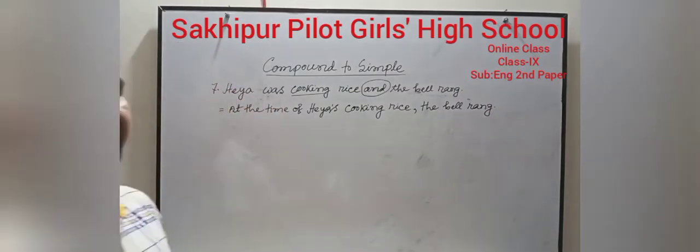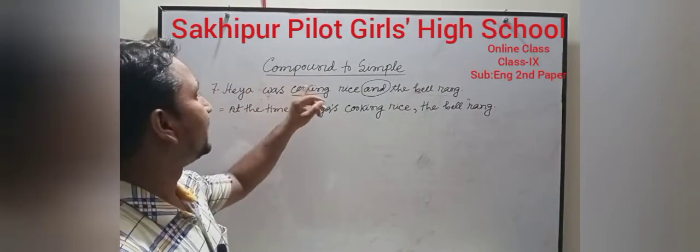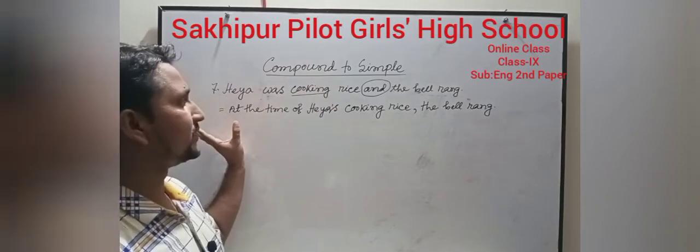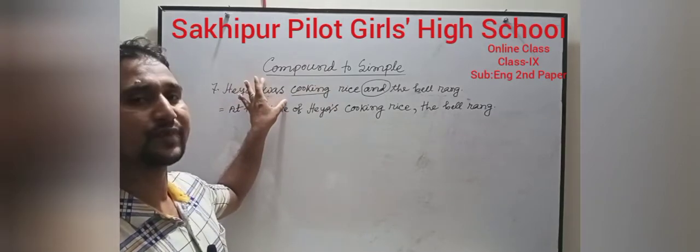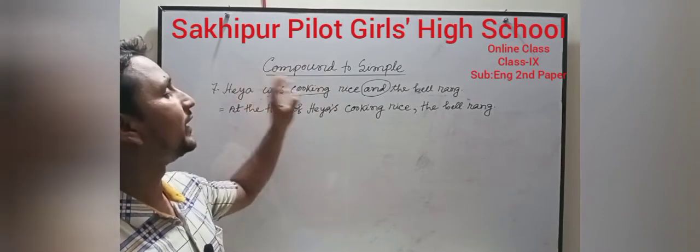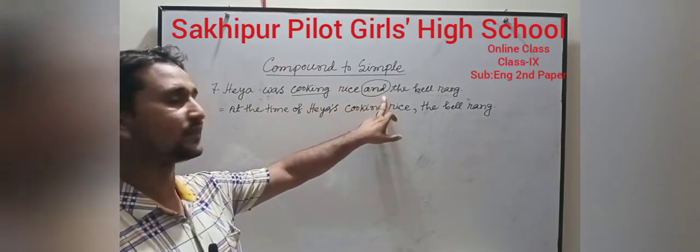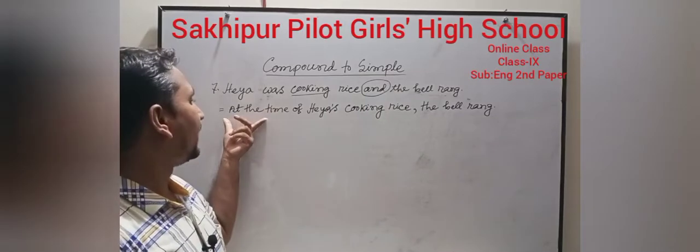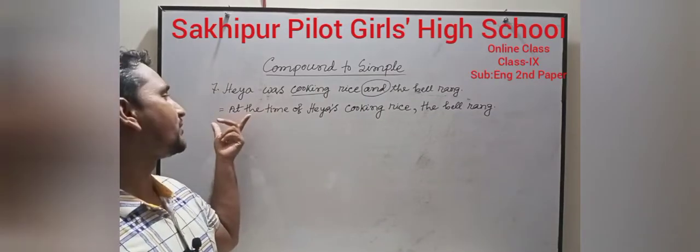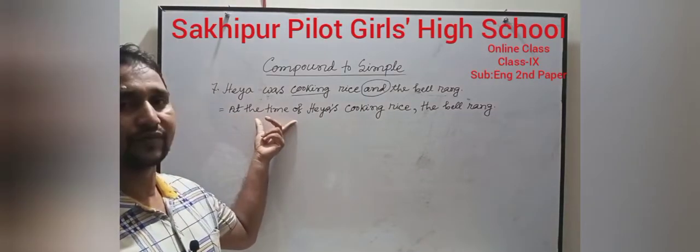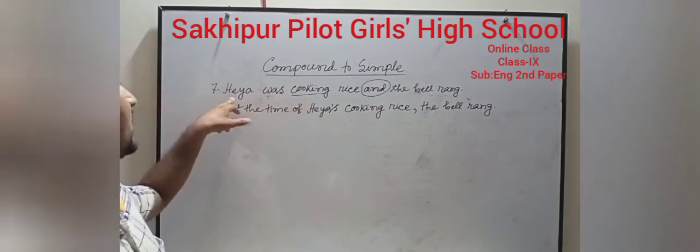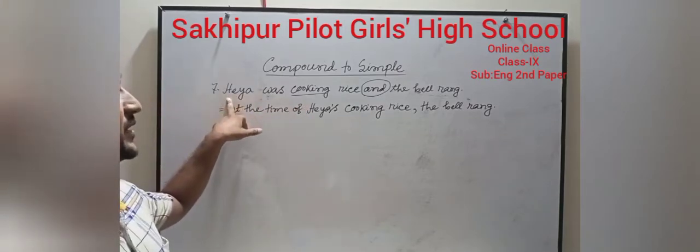Listen to me what I am saying. In the compound sentence, if the first clause is past continuous tense and the conjunction will be and, at the beginning of the simple sentence you have to write at the time of, then you have to use possessive form of the subject. Here's.